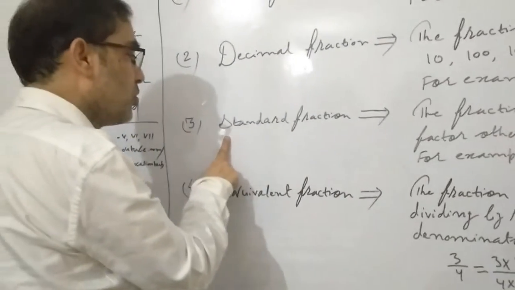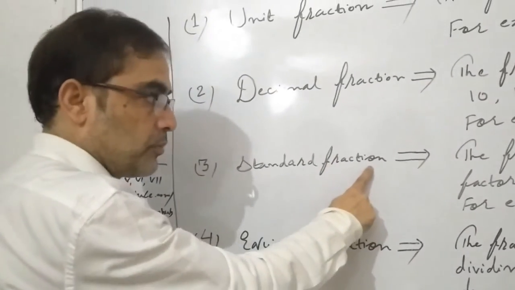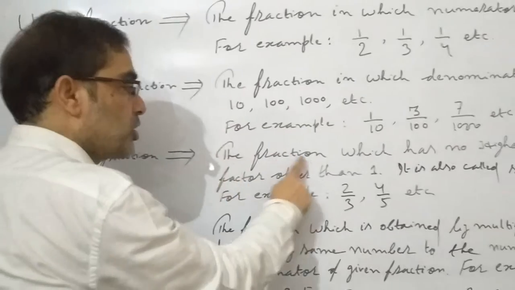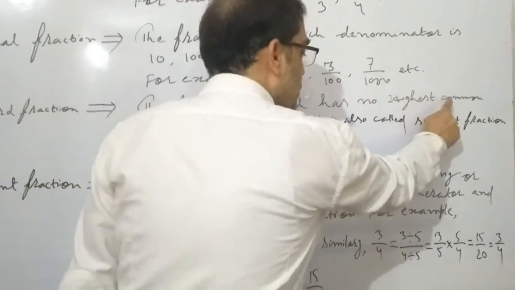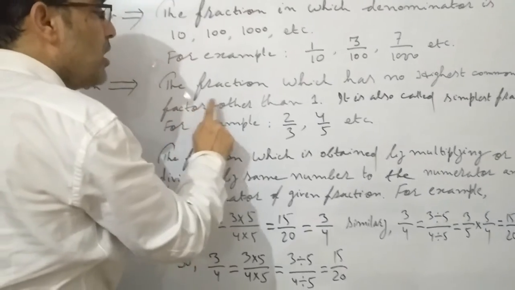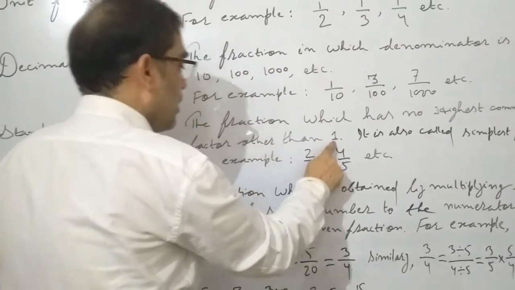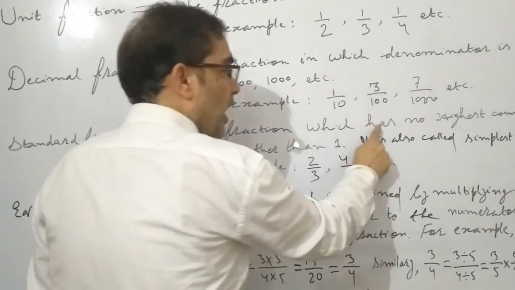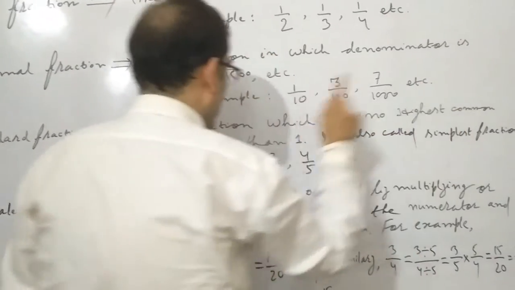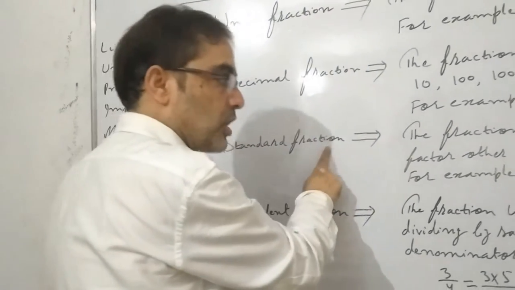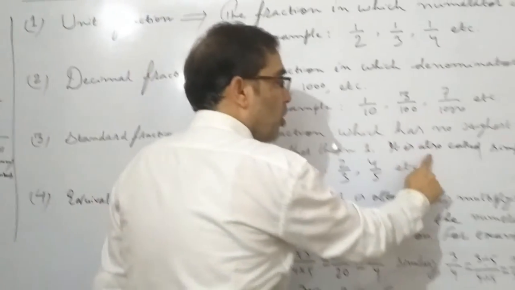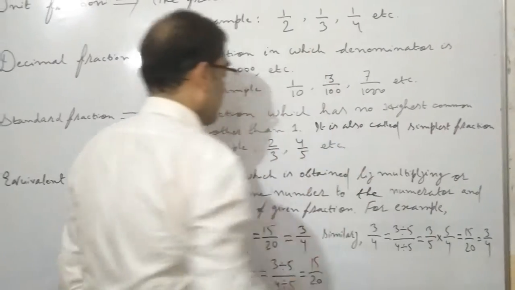And now let's know standard fraction. The fraction which has no highest common factor other than 1 is called standard fraction. It is also called simplest fraction.